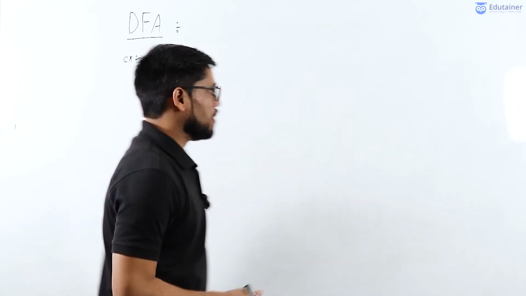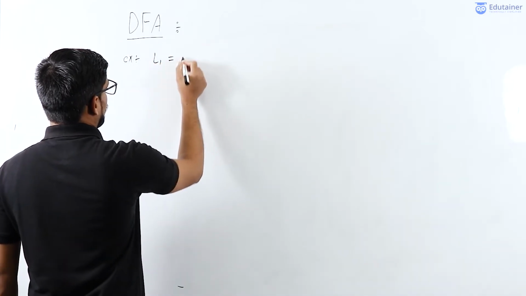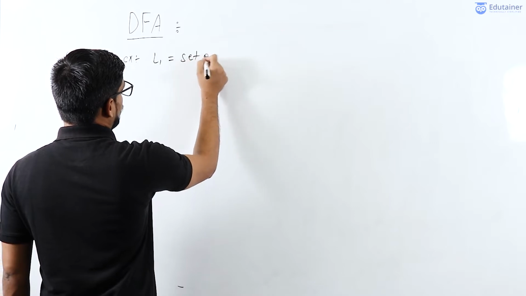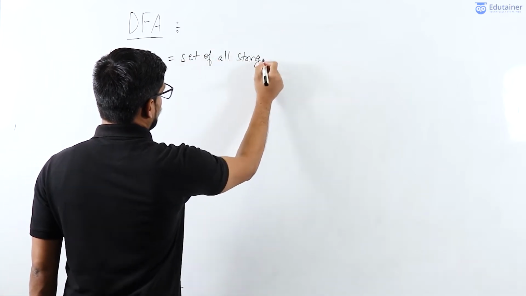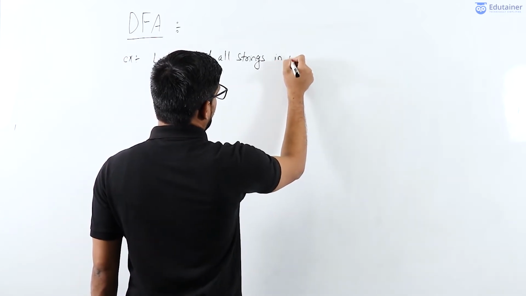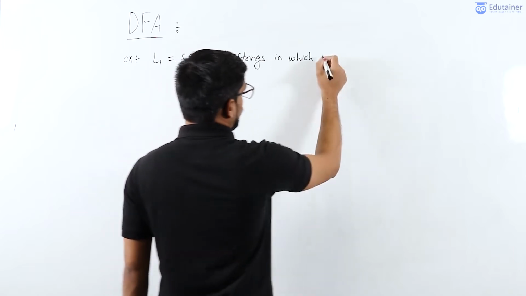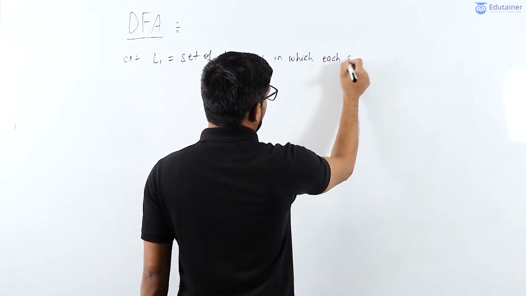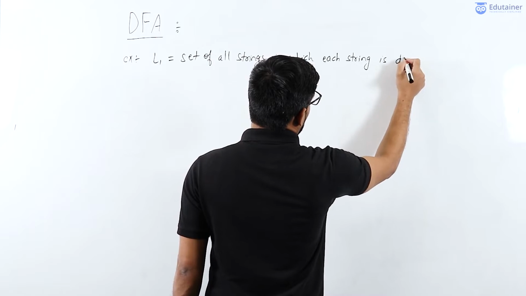The next example will be, let's say I have a language L1, the set of all strings in which each string is divisible by 2.